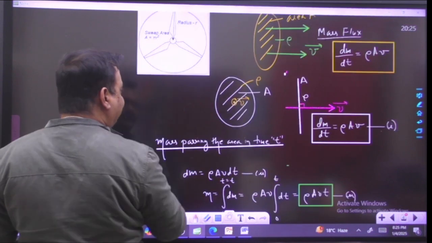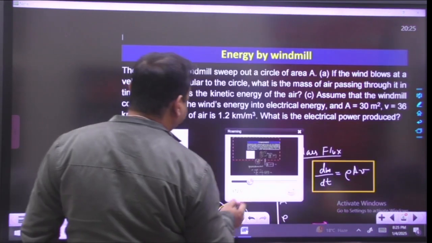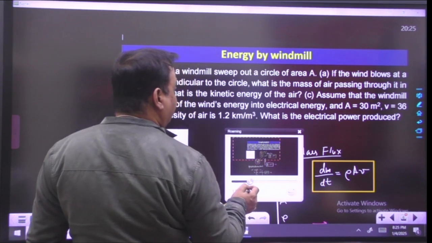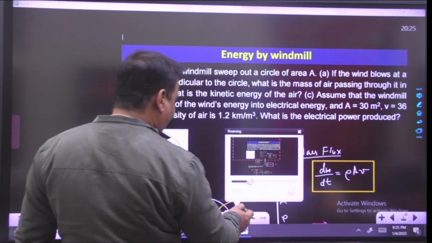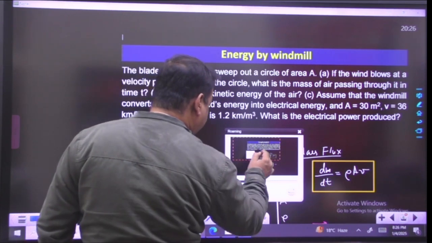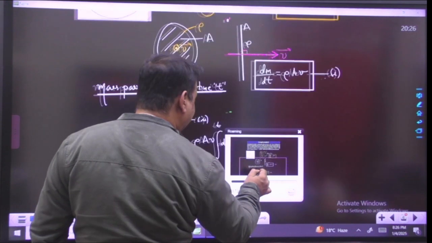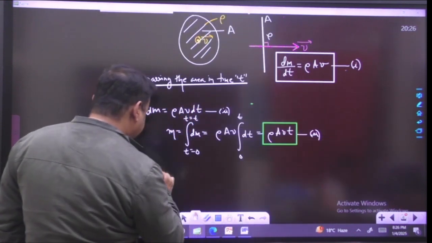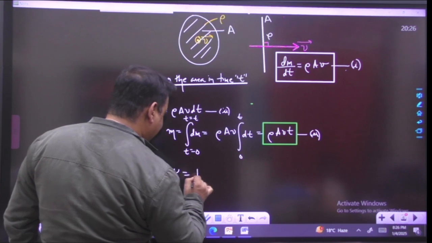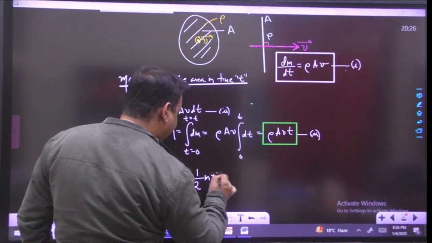Now in part B we have to find the kinetic energy of the wind or air. Simply, you have to find the kinetic energy of this much wind. For the kinetic energy, you can apply the formula half m v square.